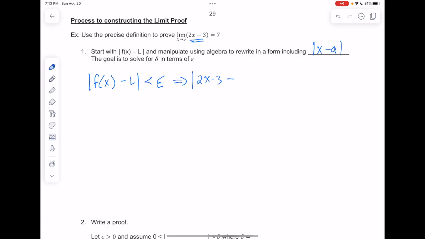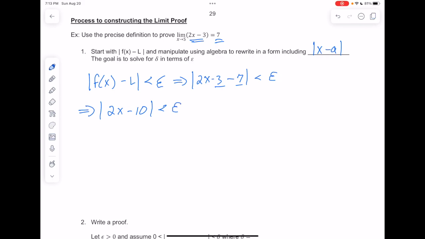And then subtract L, which would be the other side, and set that to be less than epsilon. And now just start simplifying a little bit. So in the absolute value there, you could combine these two like terms. So that would be absolute value of 2x minus 10 is less than epsilon.